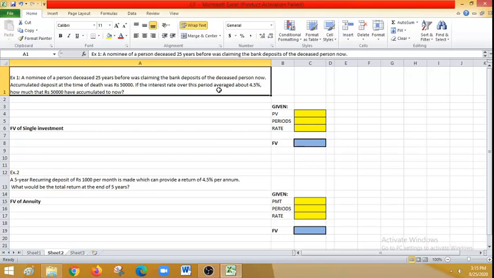The accumulated deposits at the time of death, that is 25 years before, were 50,000 rupees. The interest rate during this period averaged about 4.5%. So now we need to calculate what would be the future value of that 50,000 rupees. The value of money is 50,000 rupees 25 years back, and we are going to identify the future value.